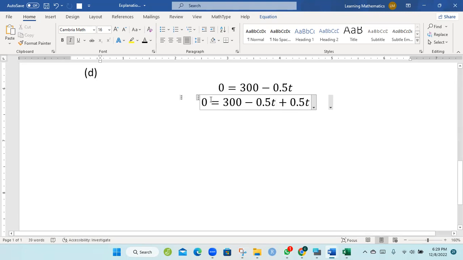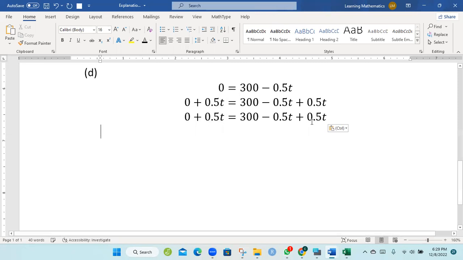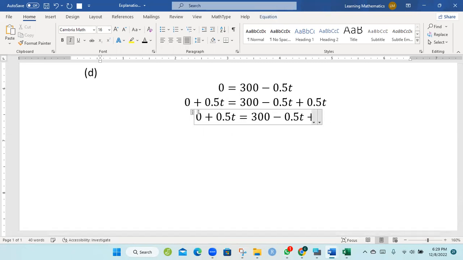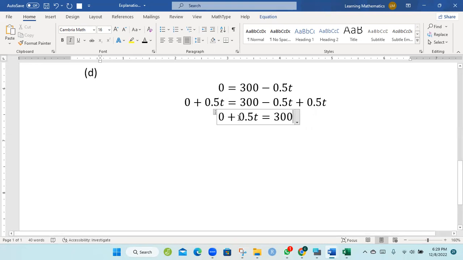This is to make it positive because we want to find time, not negative time. So negative 0.5 t plus 0.5 t will cancel out on the right side, and then the 0 plus 0.5 t on the left side will remain as 0.5 t on the left.